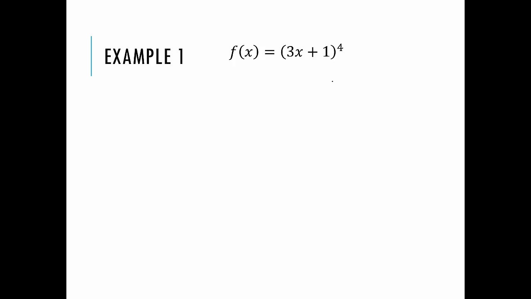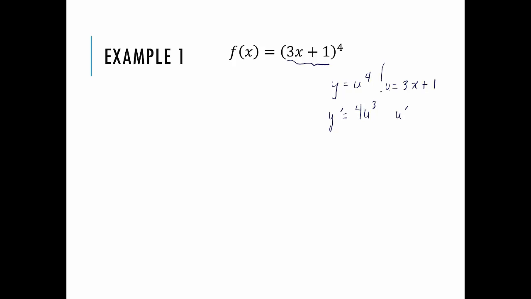and I can see that my y would equal u to the 4th, because that's my outside function. And then u would equal 3x plus 1. That's my inside function. I take the derivative of each of these, so I bring the 4 down, subtract 1 from the exponent.